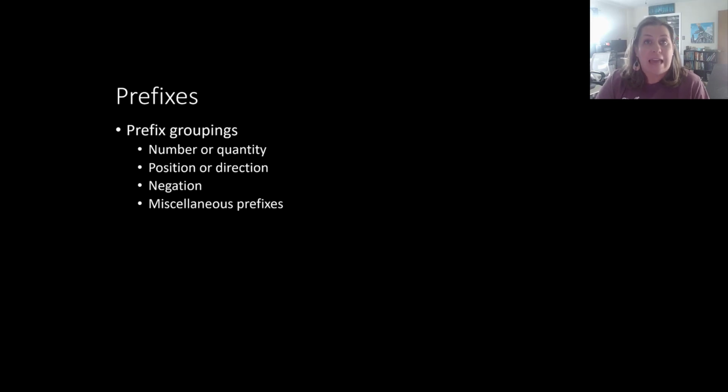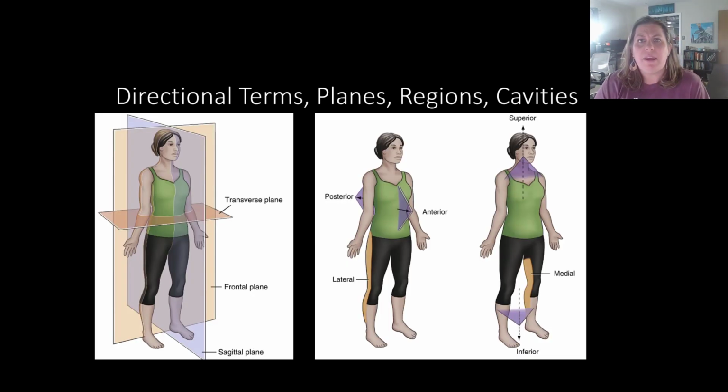We then have tachy, which is fast, so tachycardia is fast heart rate. Tachypnea is fast respirations. These are just some of the prefixes you're going to encounter a lot in this chapter.